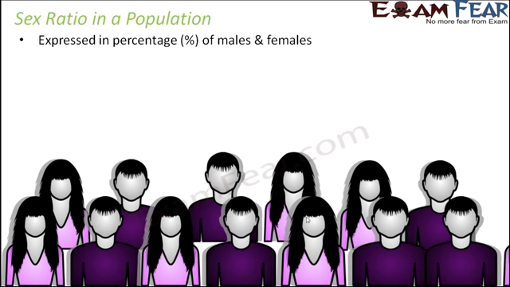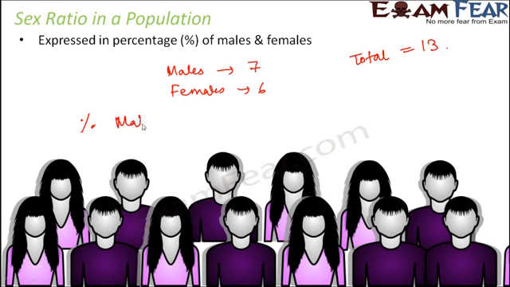On the screen, how many males do we have? If you look at the screen, you see that the total number of males is 7. The total number of females is 6. And the total number of organisms, including male and female, is 13. So if I ask you what percentage of the population is male, what will you say?